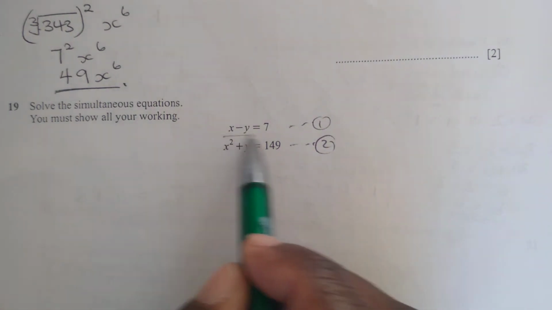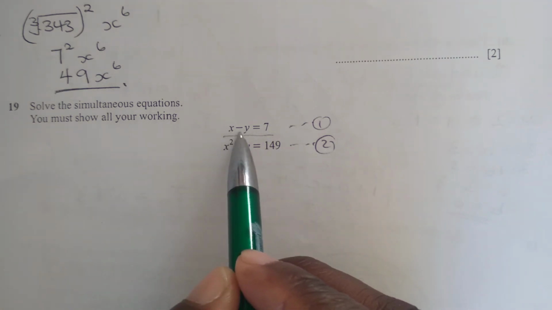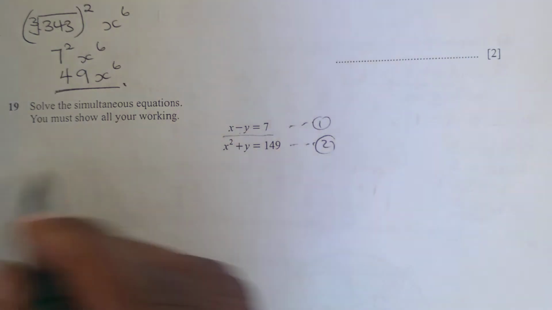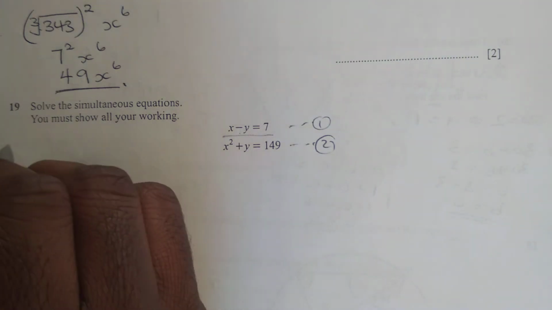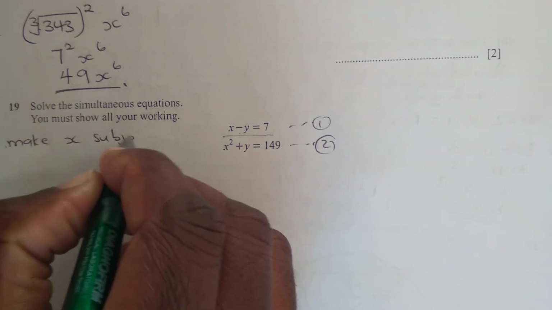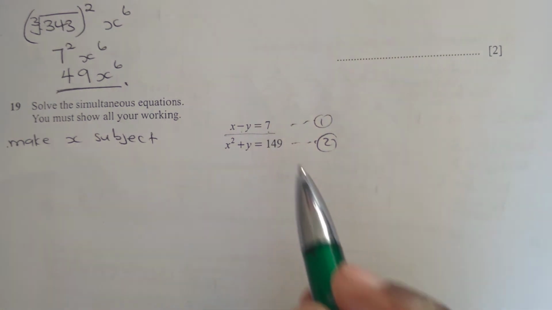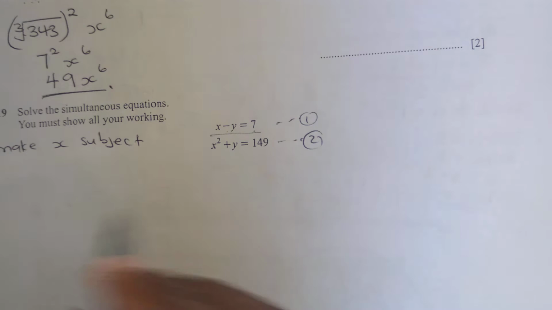And as you can see, we have got x and y, which have simple coefficients of 1. So in this question, you can make x the subject using equation 1 and apply the method of substitution.